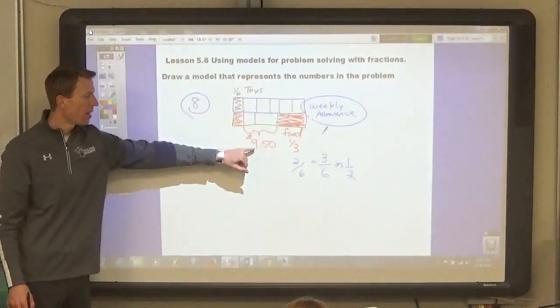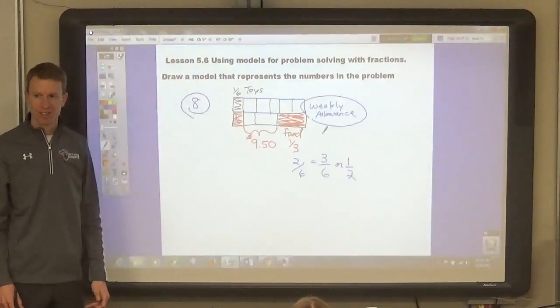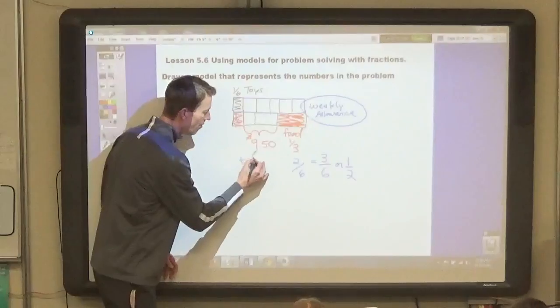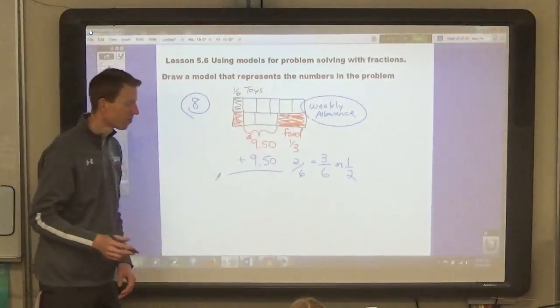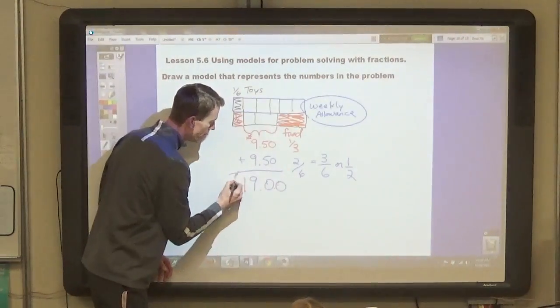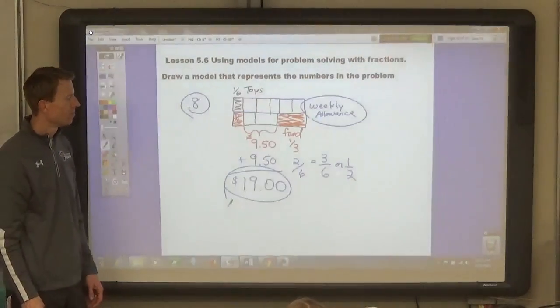So if this is 1/2, how would you find the other half? Maya? Yeah, add 9.50 plus 9.50. $19. Yep.